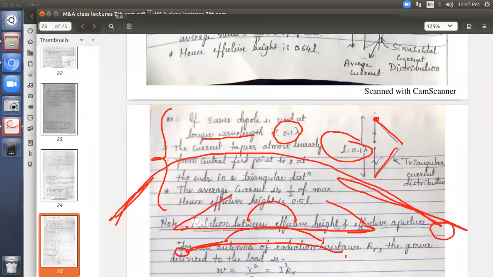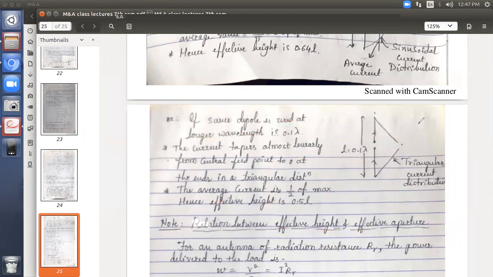That's why between these 2 points, it is not sinusoidal here, it appears to be a straight line coming and joining at the center. It looks like a triangular distribution, not the sinusoidal distribution. This is because we have assumed length as lambda by 10, not lambda by 2. Okay. If this is the case, the distribution will be triangular.